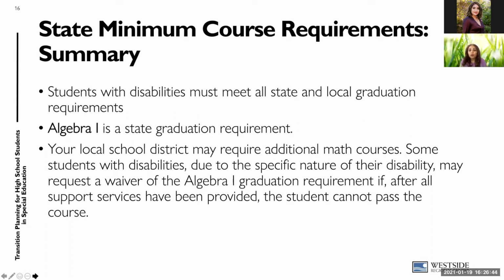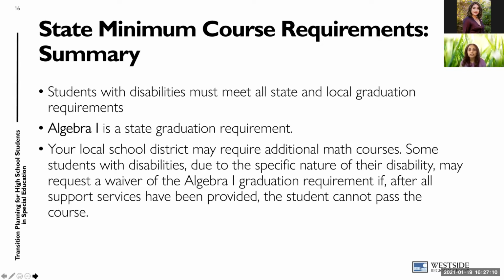For the core curriculum, for the student to be able to graduate with a high school diploma, all students must meet these requirements. At the very minimum, they have to meet the minimum state requirements. Algebra 1 is a graduation requirement, but in some cases, our students have real difficulty completing Algebra 1.